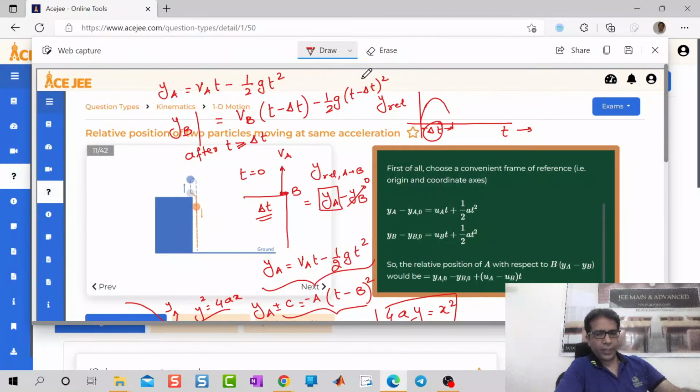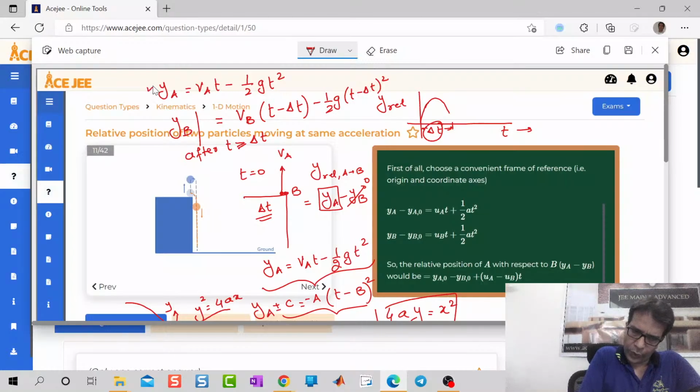This is one of the ways of writing the equation. It all depends on how you define your t. When do you say the clock starts at t equals to 0? But in any case, this is how the two equations will look like.